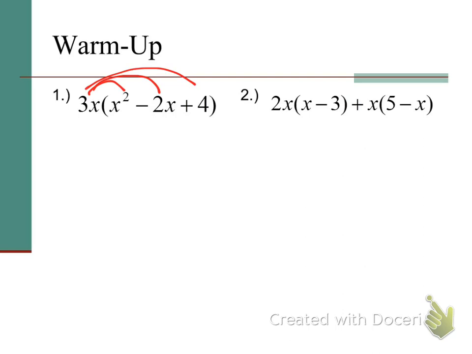If I take 3x times x squared, Ryan, what do I get? 3x cubed, good. Next I've got to take 3x times negative 2x. Lexi, what do I get? Negative 6x to what power? Second, good. Sorry, I just didn't hear you.